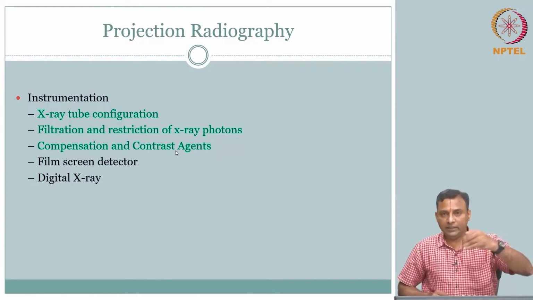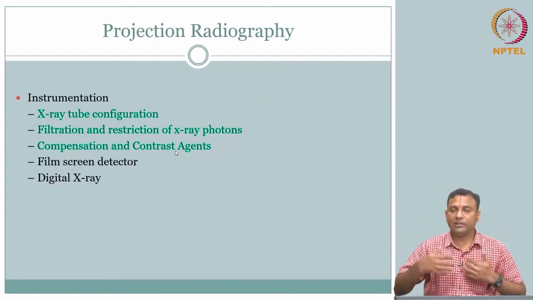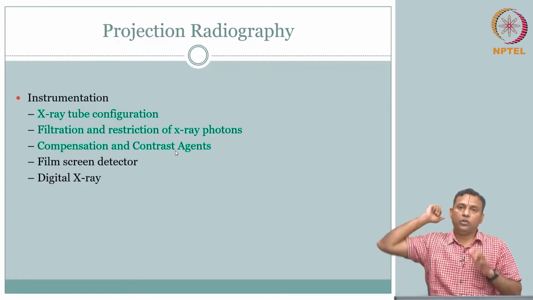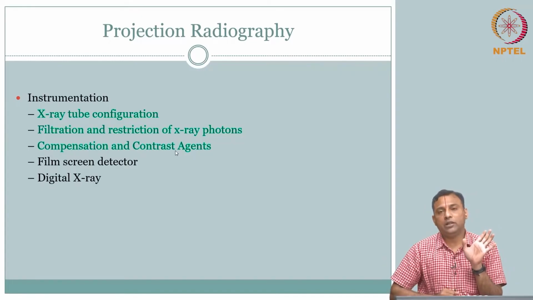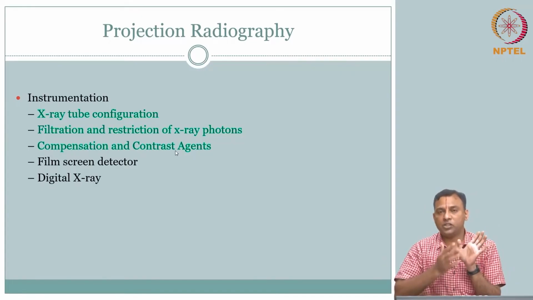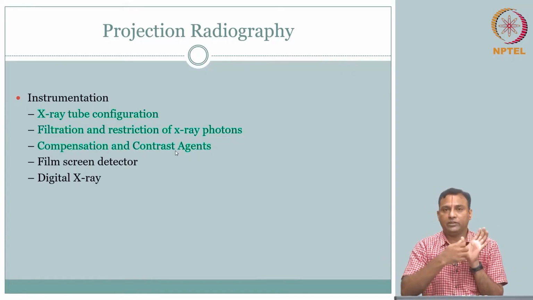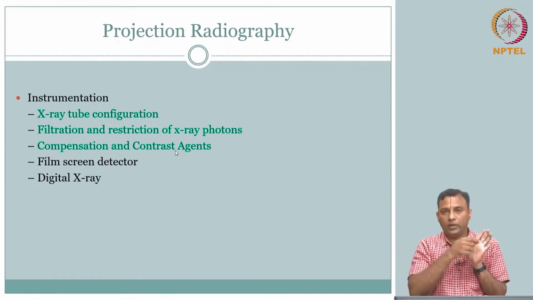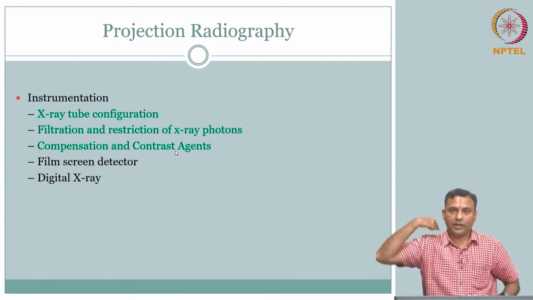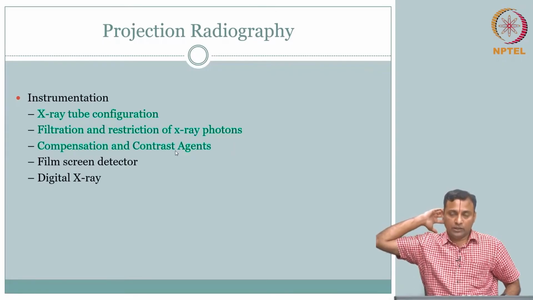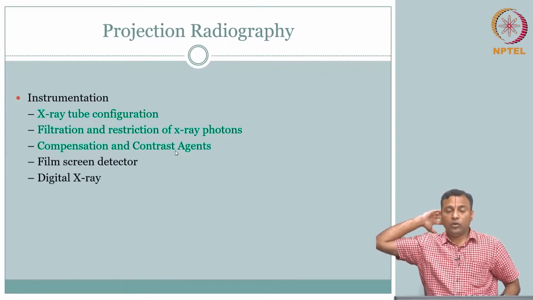Whatever goes in interacts with the body and comes out. So now it is time for us to do two things. One is the instrumentation, so that we can catch whatever is coming through the body. It has to have good signal to noise ratio or contrast to noise ratio, right?